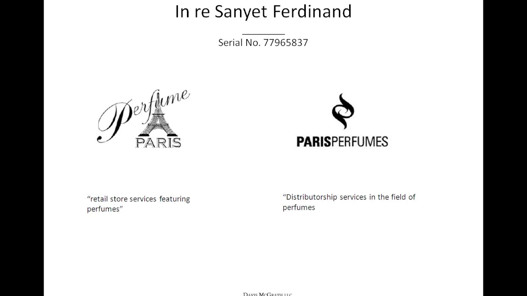Since the channels of trade were different, the board went forward and reversed the refusal and allowed the application to proceed. So I thought this was an interesting one, and that the design element and also the different channels of trade certainly played a factor here.